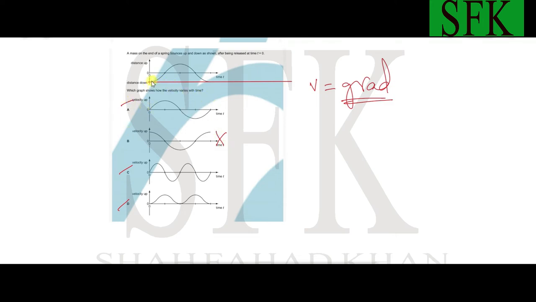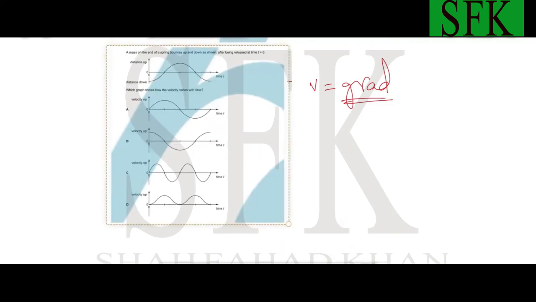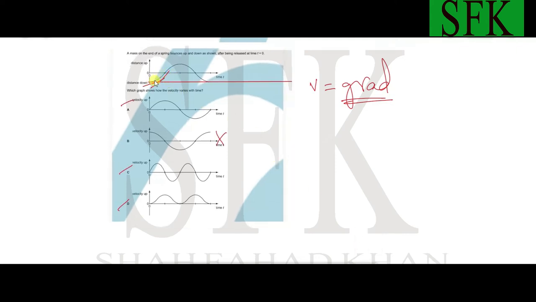Then if we start drawing more tangents, the gradient of the tangents starts increasing, and at this point over here, the gradient becomes maximum. The gradient initially was 0, then as time passes it increases and becomes maximum over here.